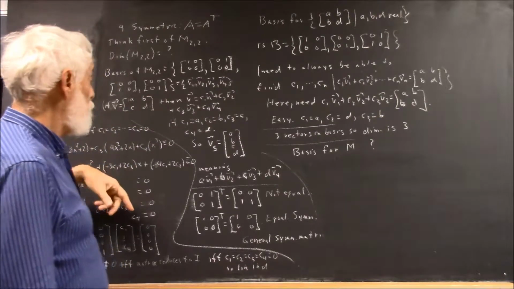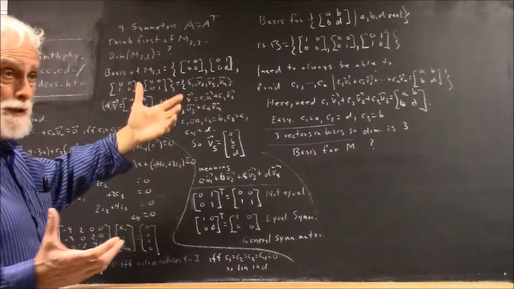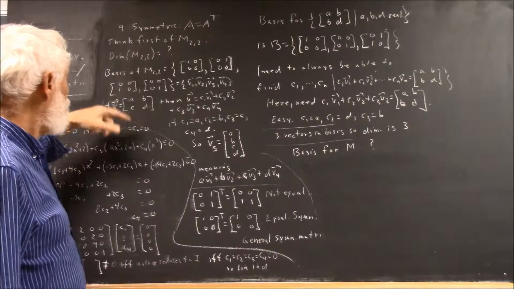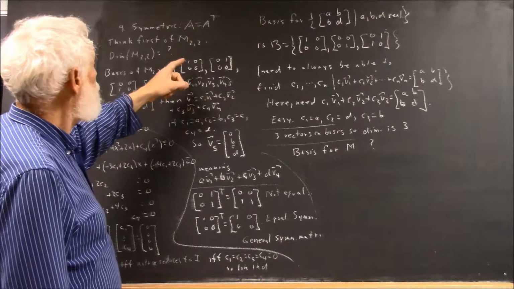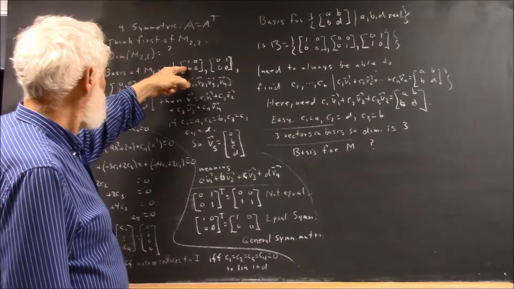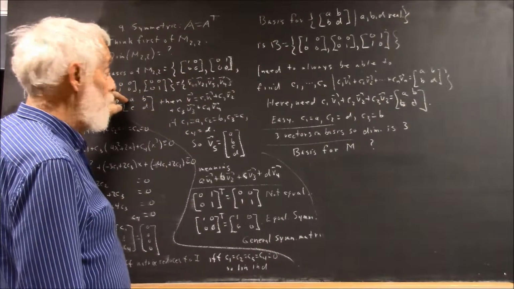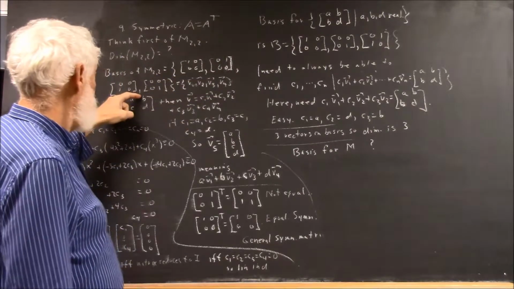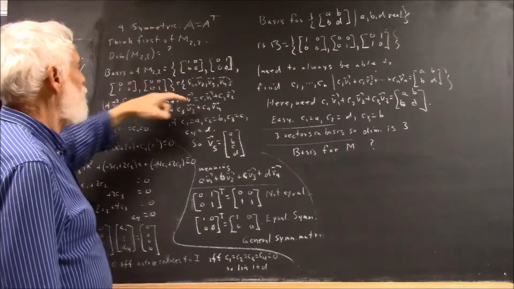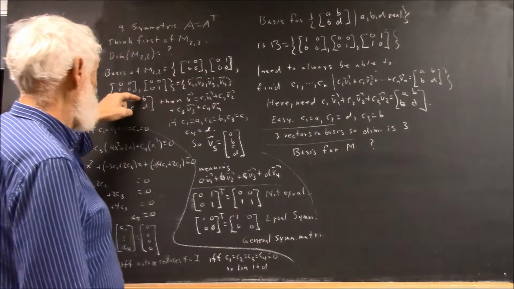It's fairly straightforward. If you haven't seen it, stop and think about it before you look at it. But if I multiply A times the first matrix, I'm going to get an A here. If I multiply B by the second matrix, I'm going to get a B here.